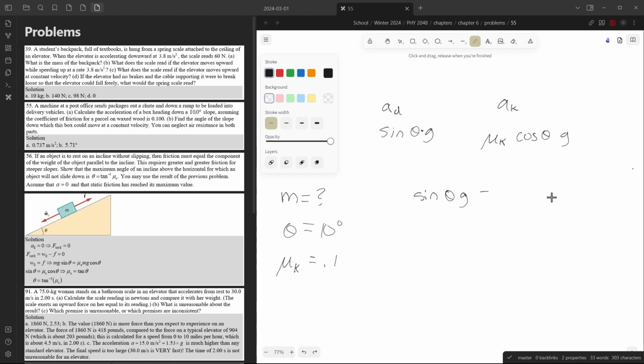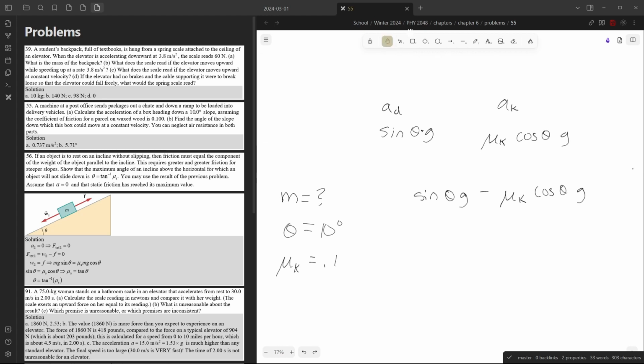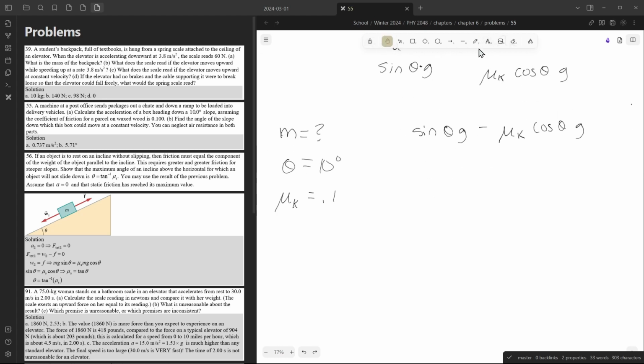So sine theta times g minus the coefficient of friction times cosine theta times g. Since we're moving downward, we're setting downward as the positive direction. g is also going to be positive, so make sure you account for that in your calculation.